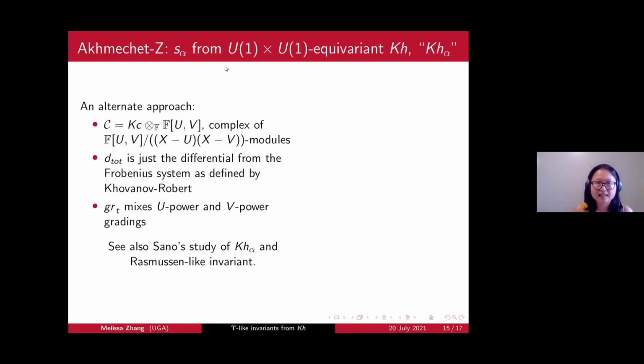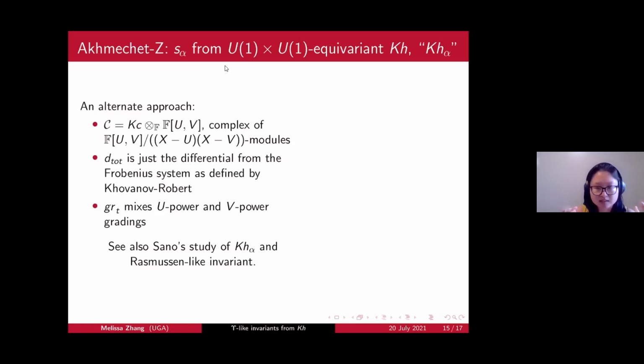Okay, and then finally, I have ongoing work with Ross Akhmechet about an alternative way of doing this. So coming from looking at knot Floer complexes, I'm actually pretty attached to this symmetry. And this is because the knot Floer complex, like the CFK with the symmetry, is actually used for a lot more purposes. There are different filtrations you can put on it.